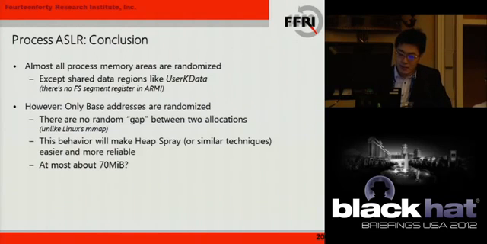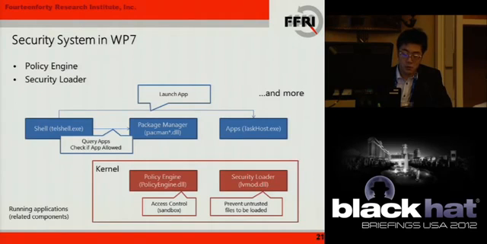But there's more security systems. Application sandbox, and it seems hard to take over the system. This security feature is related to two or three components. The main components are the policy engine and the security loader. All resource accesses are enforced by the policy engine, policyengine.dll.